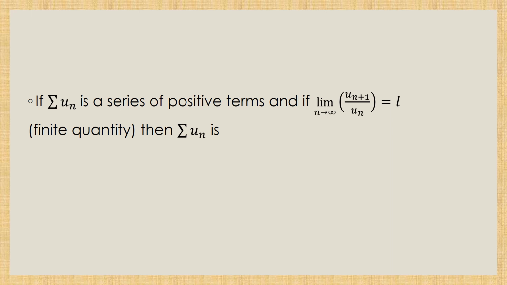If sigma un is a series of positive terms, and if limit n tends to infinity, un plus 1 by un is L, where L is a finite quantity, then sigma un is convergent whenever L is less than 1.